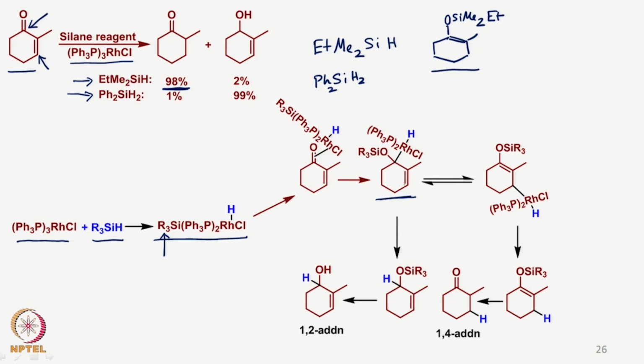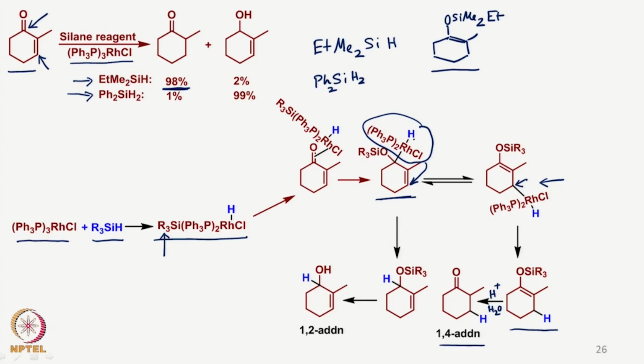This particular part of the intermediate can go to the 4th position, that is, the other end of the double bond, forming this intermediate, where if the hydrogen is transferred to this carbon, then we get this intermediate, which is 1,4 addition, and after hydrolysis with H plus and water it can give this ketone.